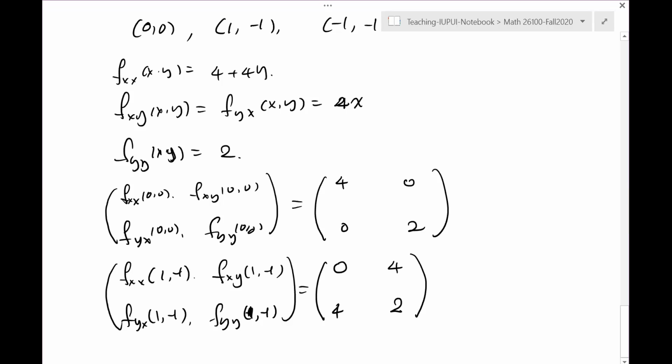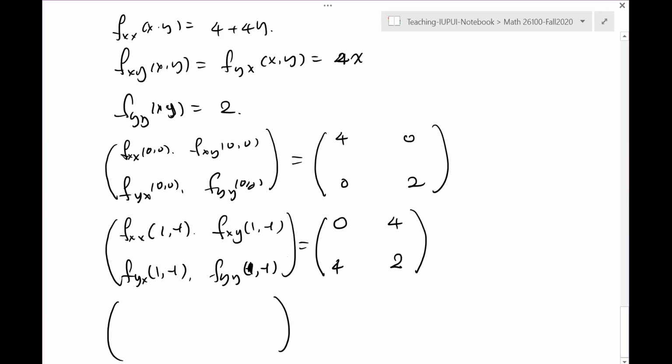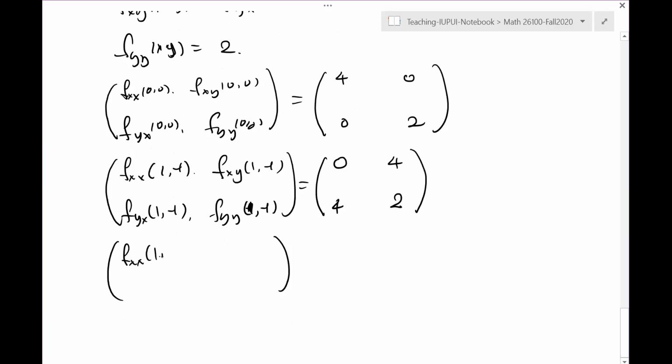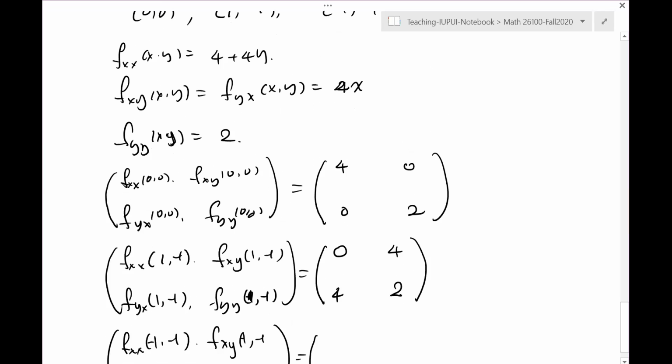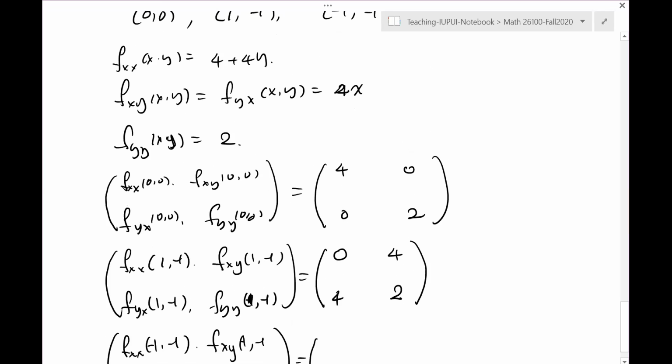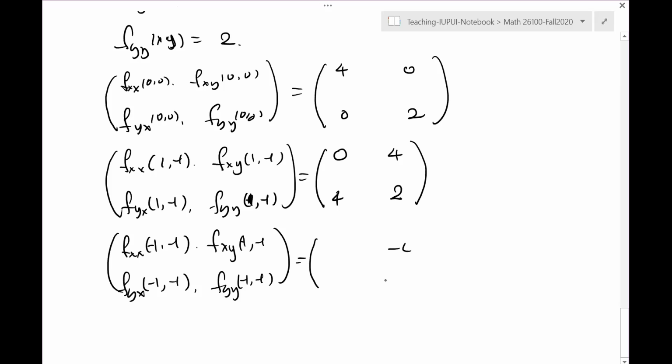Okay, and then finally, I write down (-1, -1), it's -x. Okay, let's see if we get the same result. I think the only difference is here it's -4. All right, so let's take a look at those 3 matrices.